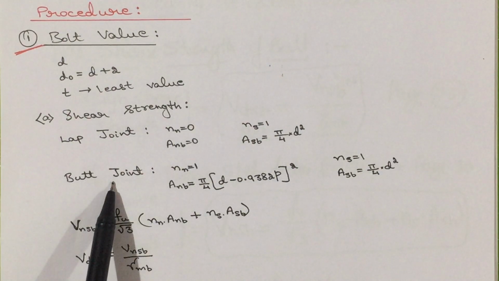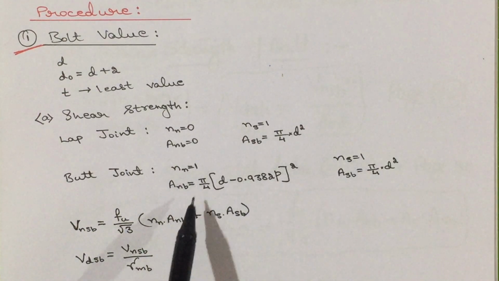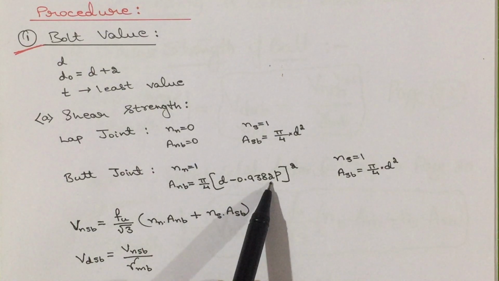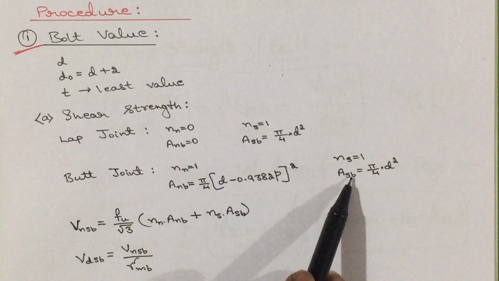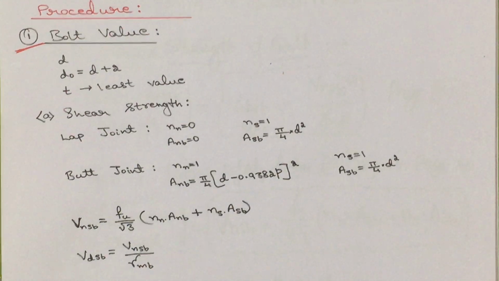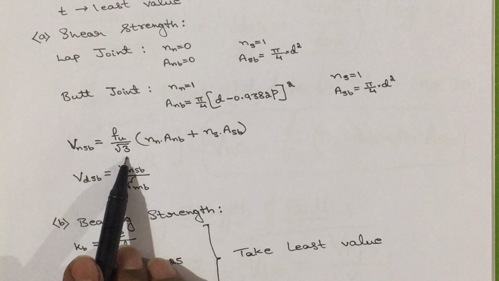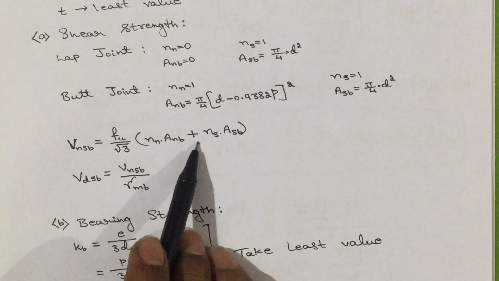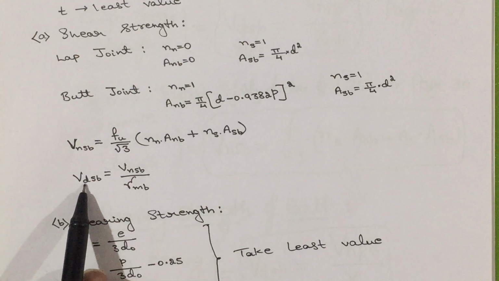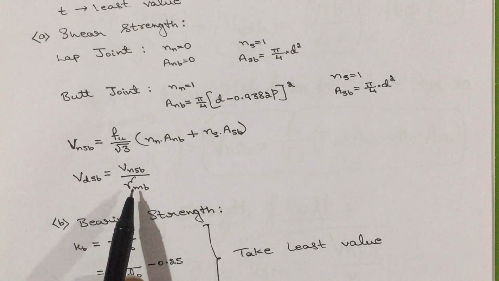If it is a butt joint, then Nn is equal to 1, Ns is equal to 1, Anb is given by pi by 4 into (d minus 0.9382 p) whole square, Asp is pi by 4 into d square. Then Vnsb is given by Fu by root 3 into (Nn into Anb plus Ns into Asb). Vdsb, that is design strength of the bolt, is given by Vnsb divided by gamma mb.